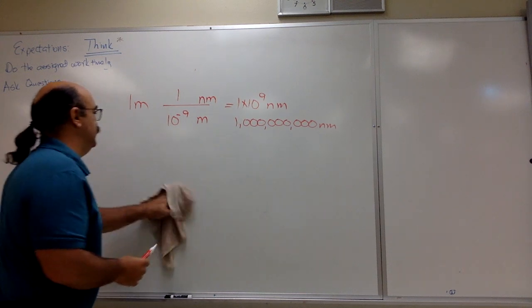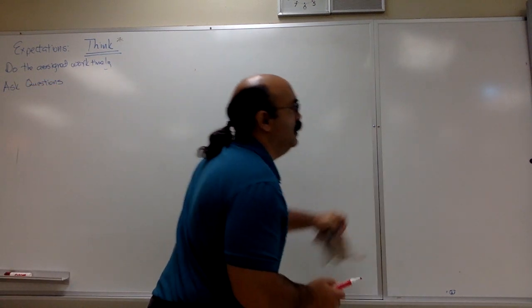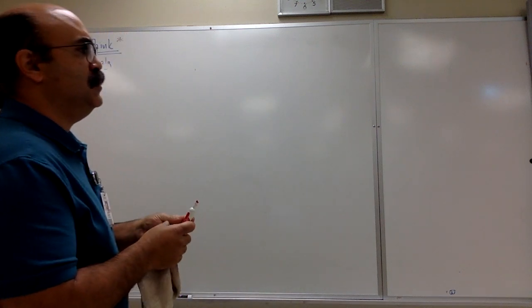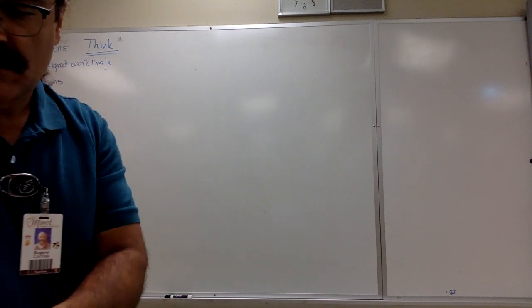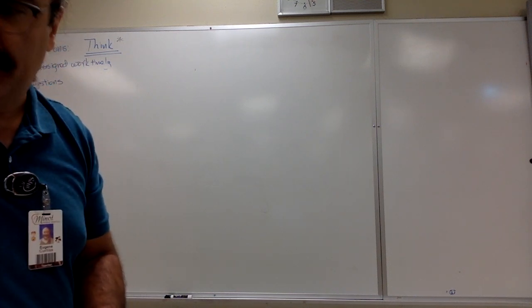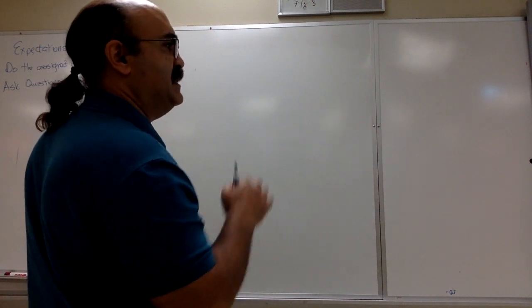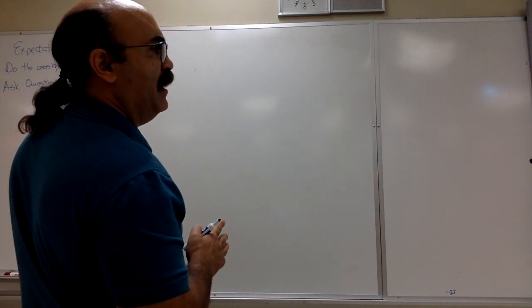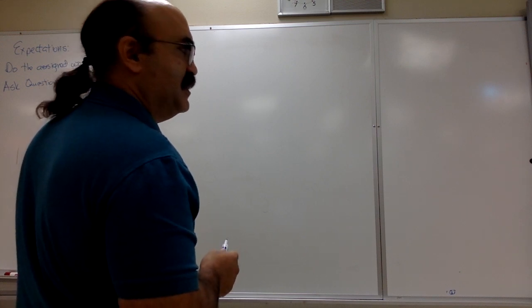Those hopefully were fairly straightforward. Next one says, I want to go to kilometers from centimeters. Okay, I'm going to get a little more complicated. I start out with what I'm given. It asks me, determine the possible equalities between the units in the problem and meters.